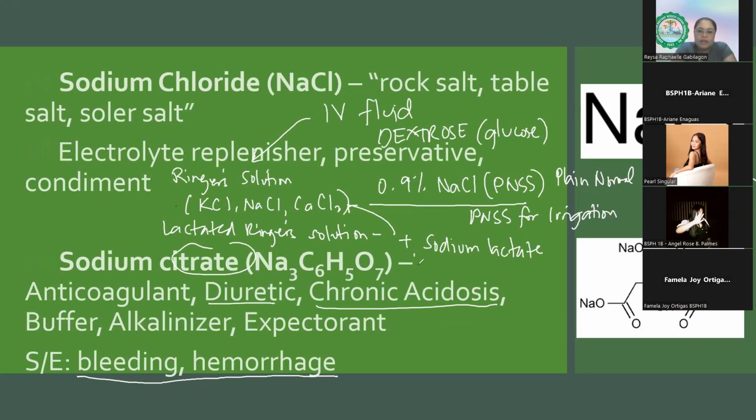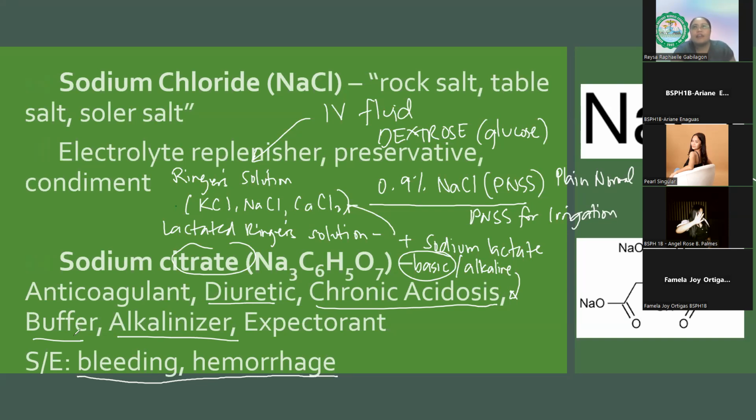Si sodium citrate kasi class is a basic substance or an alkaline. So since alkaline siya, pwede natin siyang i-treat if the patient experiences acidosis. Mababa yung pH ng kanyang body or kanyang blood. Okay? So it's an alkalinizer actually para mapataas yung pH. Aside from that, it's also a buffer.